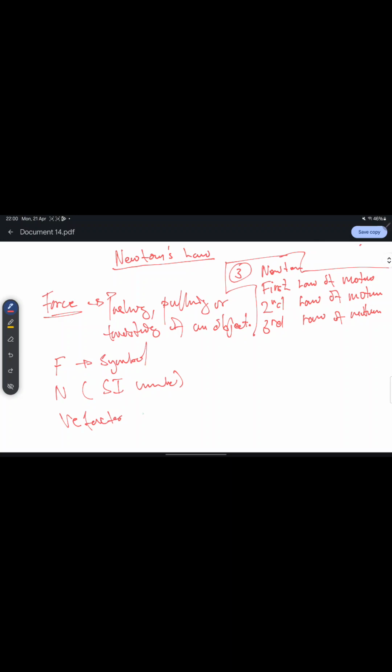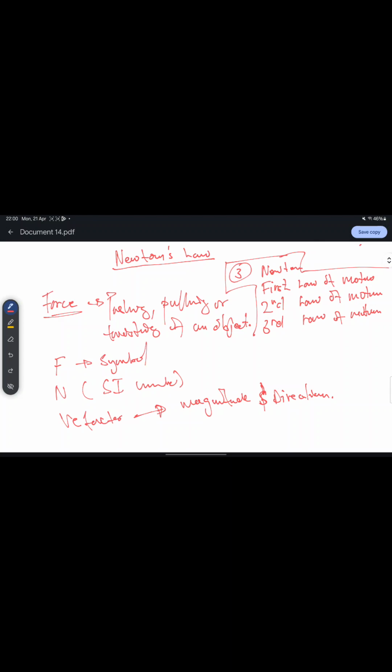When I say it is a vector, it means we consider the magnitude and direction. No, this is "and", it's not a dollar sign. Magnitude and direction, when you consider the force.